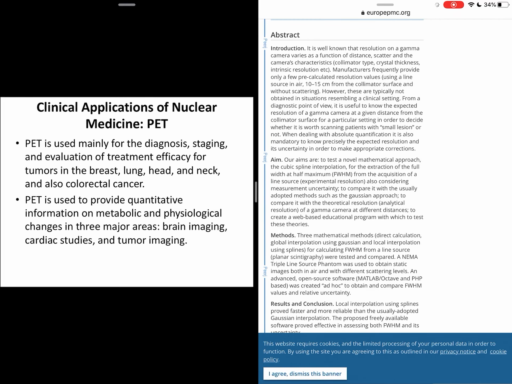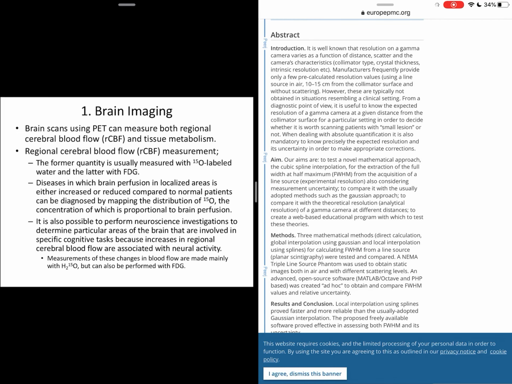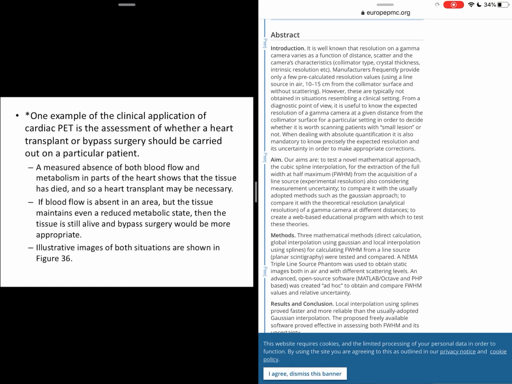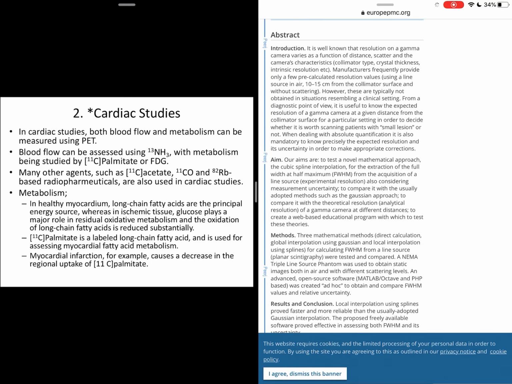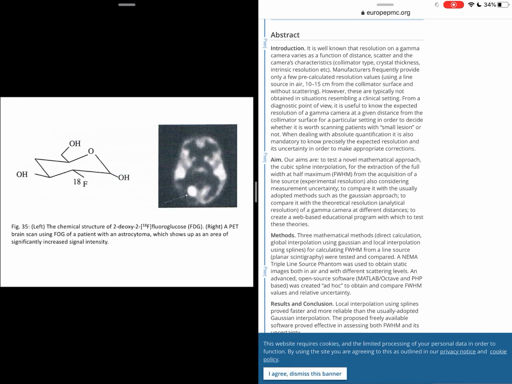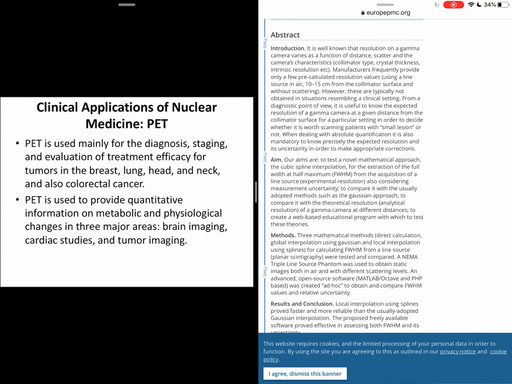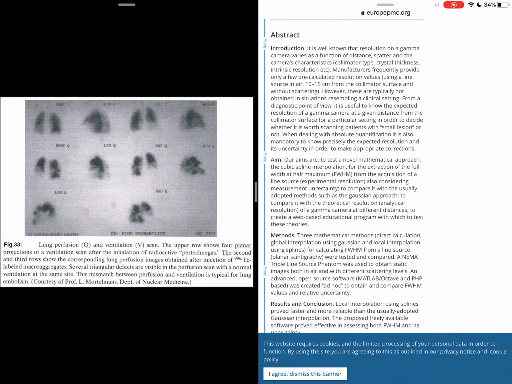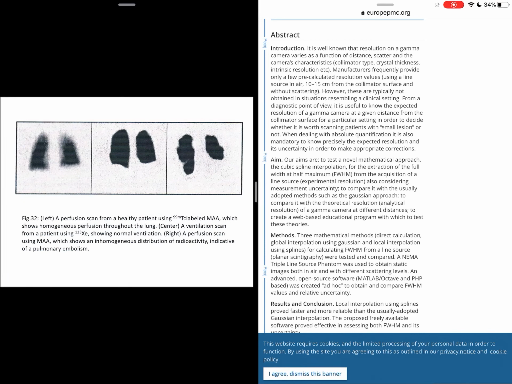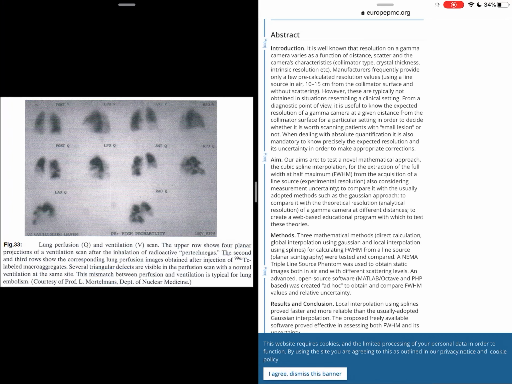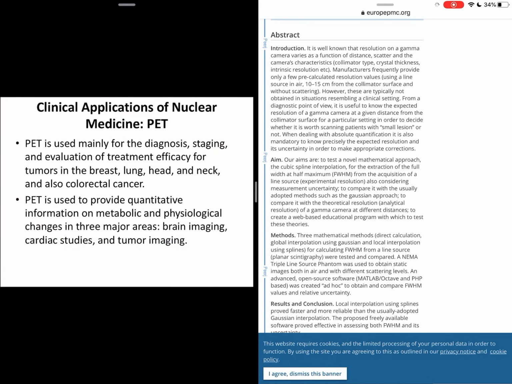About the PET, since I excluded this one in the explanation of the advanced technique, you can just read on the applications of it.